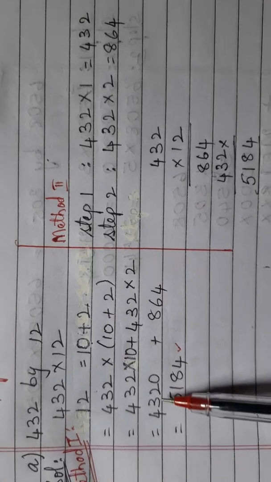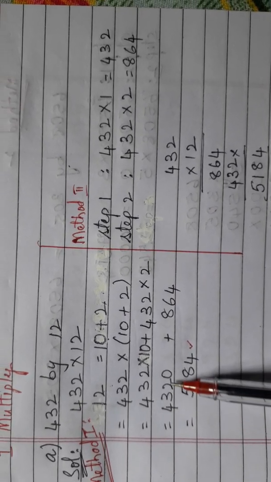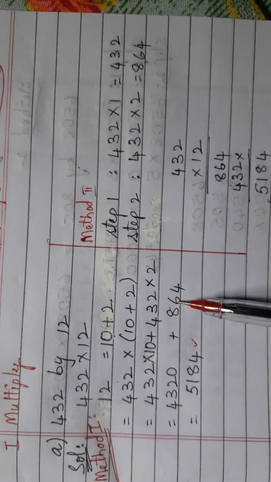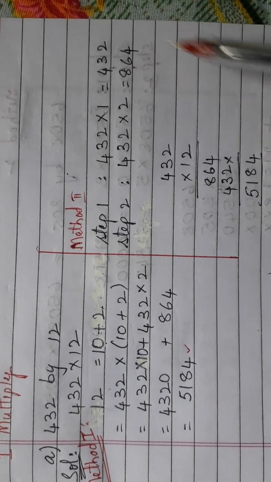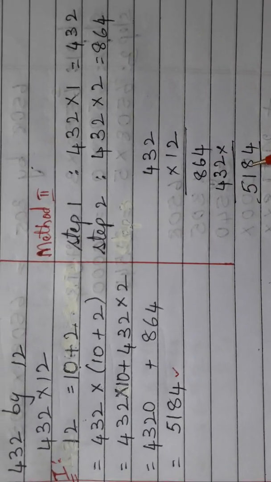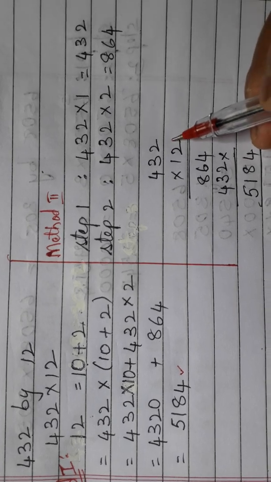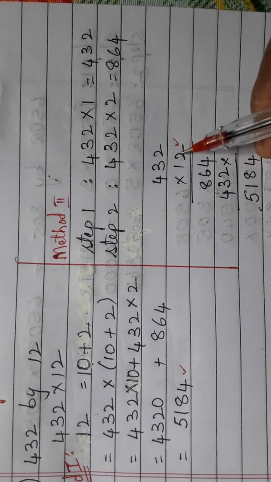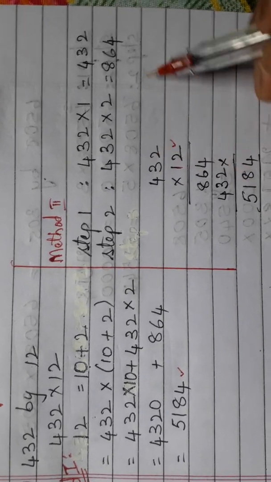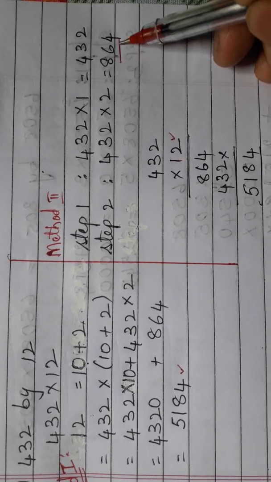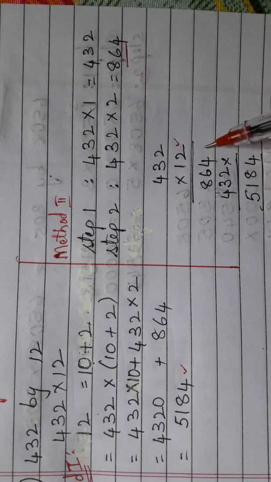We can compare here also. 432, 432, 864, 864. Now our answer also will be same. Now we want the answer of 2 multiplied by 432. Now this is the answer. We will write it in the first line.